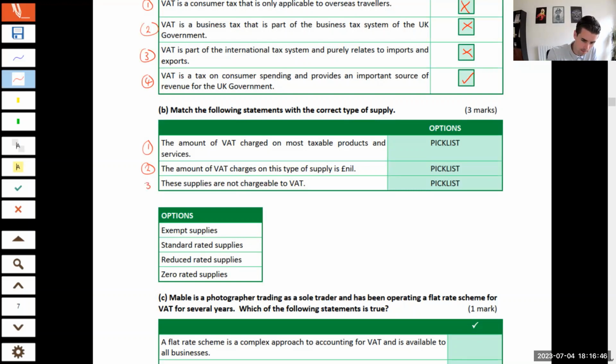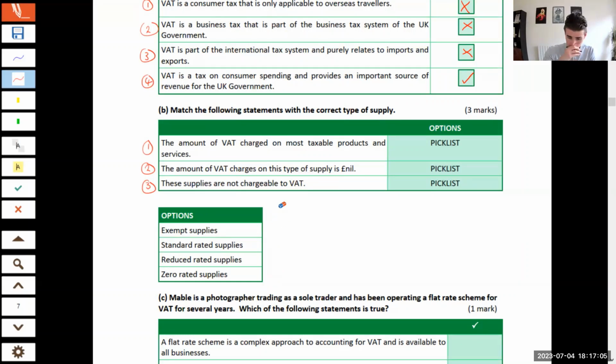Number 3, these supplies are not chargeable to VAT. And I can see that I've got a pick list of different options that I can choose: exempt, standard, reduced, and 0 rated respectively. Okay, so let's just start chipping through.